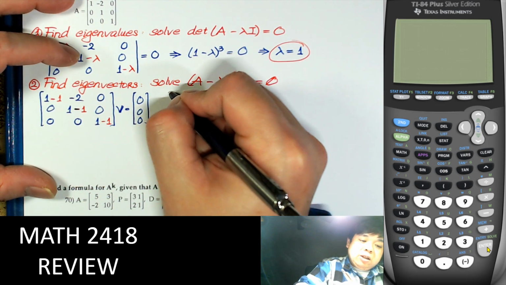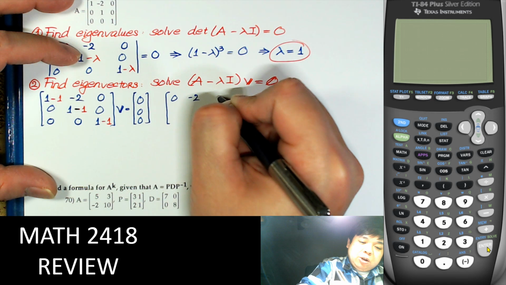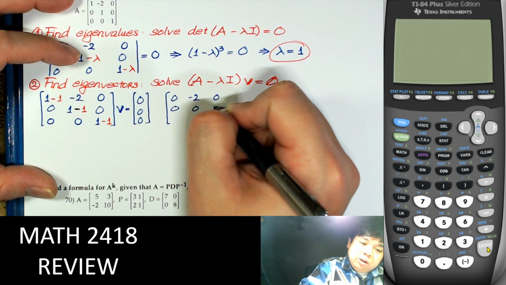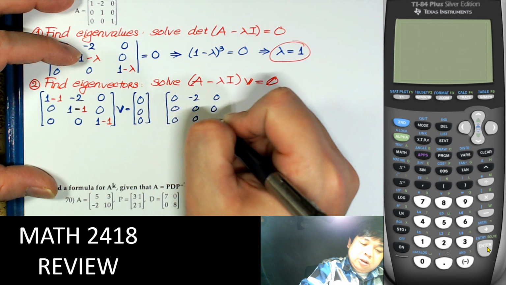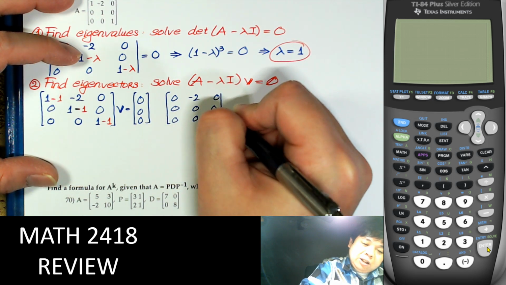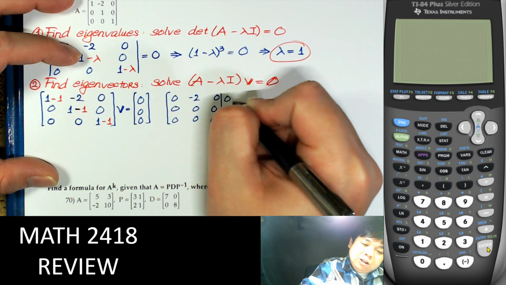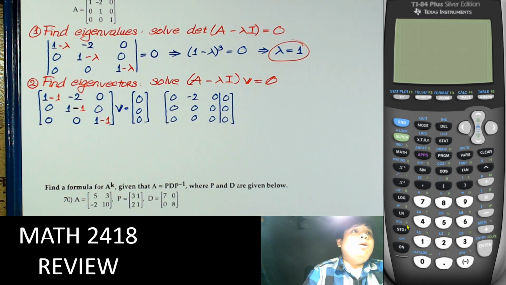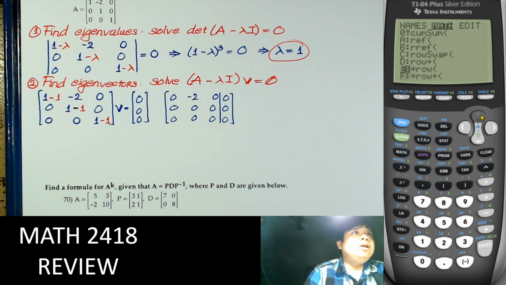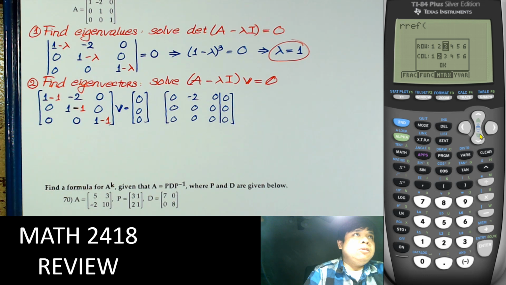Right, so that gives us 0, -2, 0, 0, 0, 0. Right, let's put this in the augmented matrix and reduce to echelon form. Right, so we just have that.